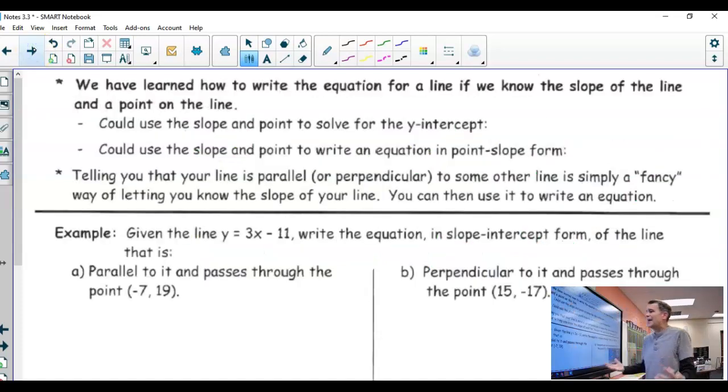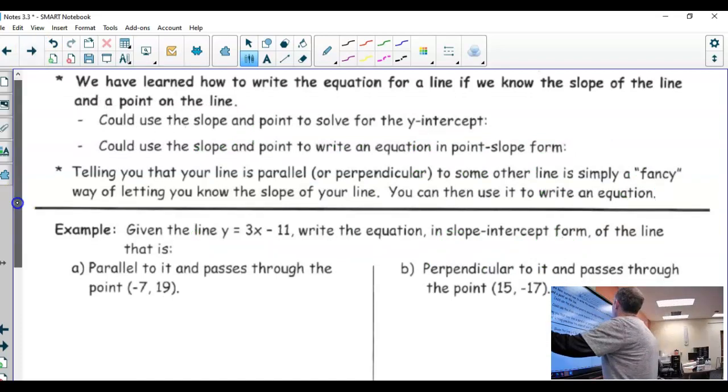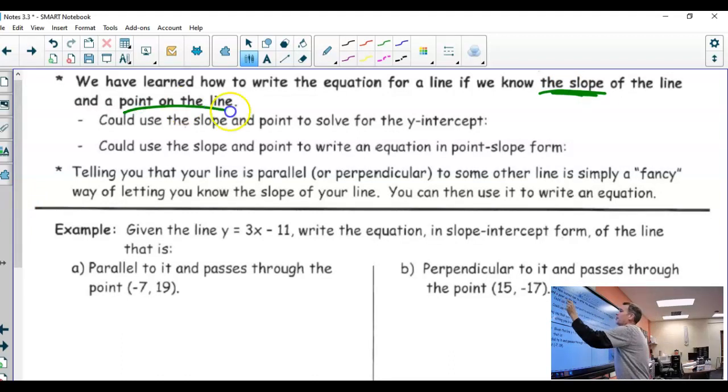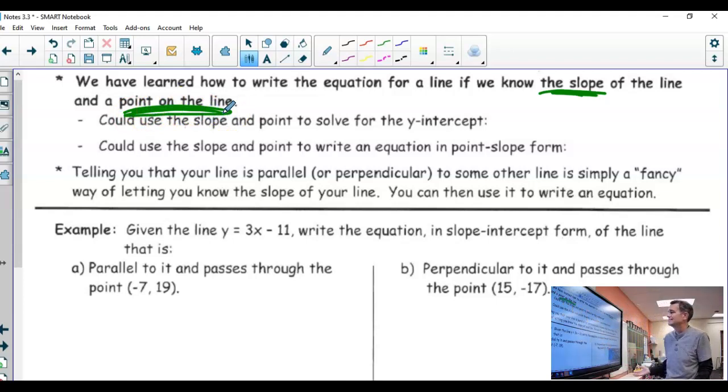All right, so now we're ready to do an example. We have learned how to write the equation for a line if we know the slope and we know a point on the line. Right? We did that last chapter. You could use the slope and the point to solve for the y-intercept, or you could use the slope and the point and use point-slope form.